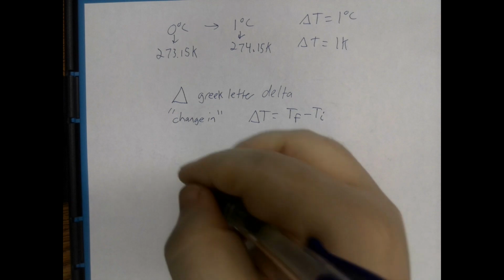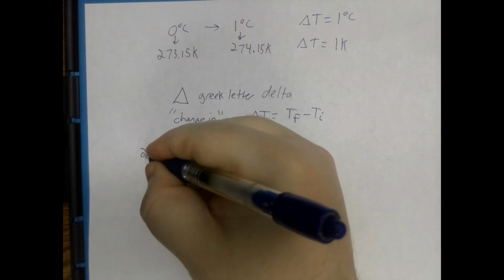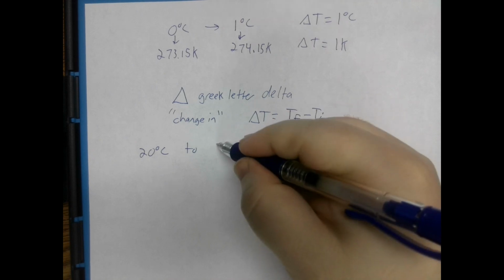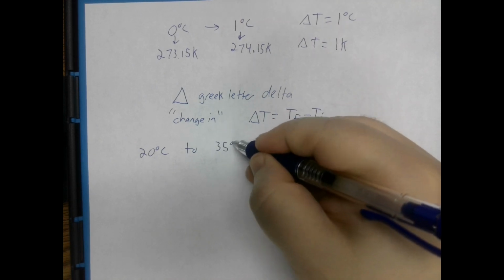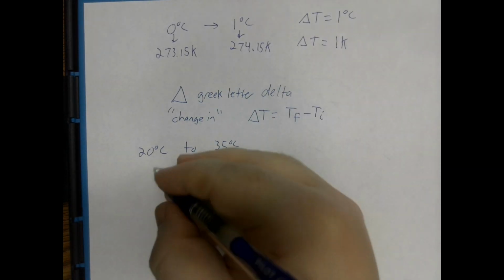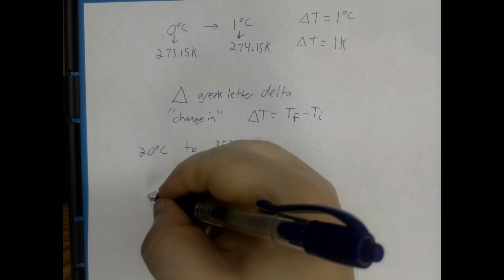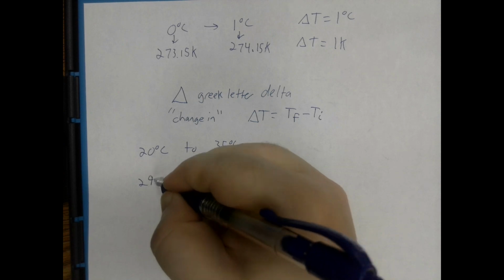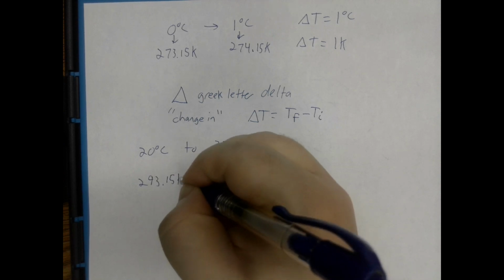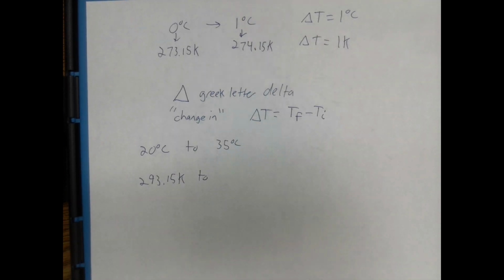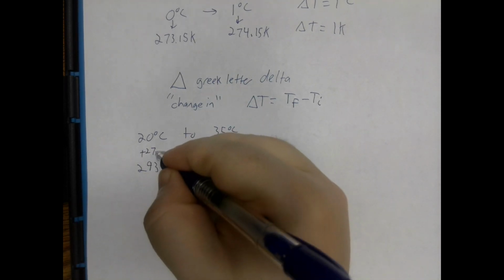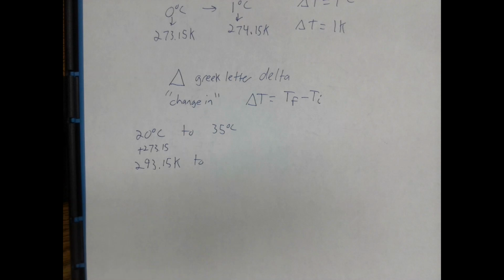So, for example, going from 20 degrees Celsius to 35 degrees Celsius, that's the same thing as going to 293.15 Kelvin, because you add 273.15.